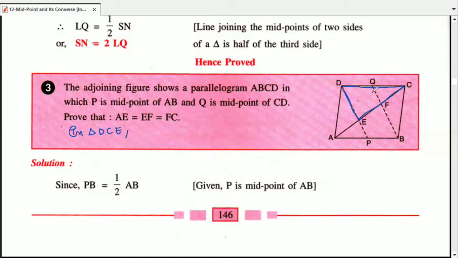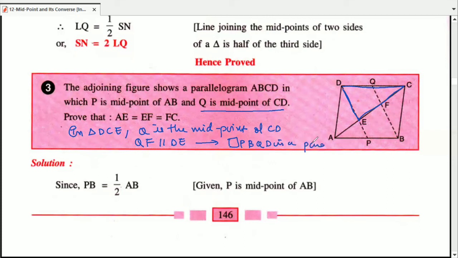So we can write in triangle DCE, QF is a part of DB, and we have already been given here that Q is a midpoint of CD. So we can write Q is the midpoint of CD. Next, QF is parallel to DE as PBQD is a parallelogram.